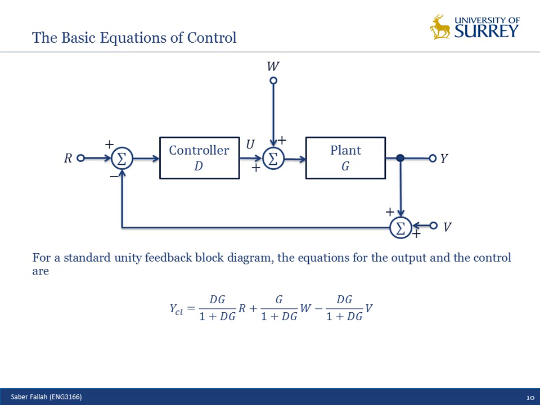If you do it from V to Y, you will get it this way. From V to Y, this is signal V. I have positive, positive, positive, positive. Looking at the feed-forward path, I have DG and a minus here, so it will be minus DG.